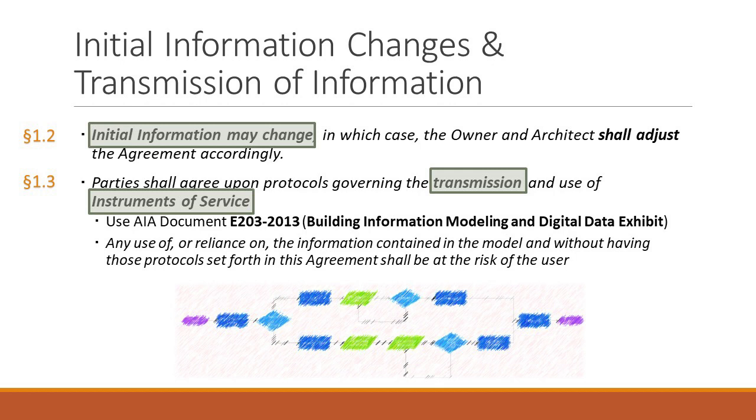But it says that the initial information may materially change, and in that event, the owner and the architect shall appropriately adjust the architect's services, schedule, etc. So what this means is, I come to you and ask you to design for me a 3-bedroom, 3.5-bath house, and I want you to spend $750,000 on it. I'm the owner. That information and other things get put into this contract as the initial information.